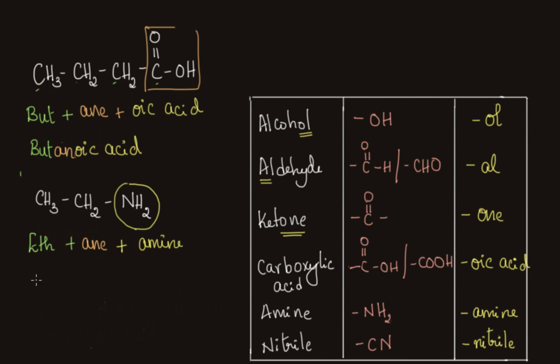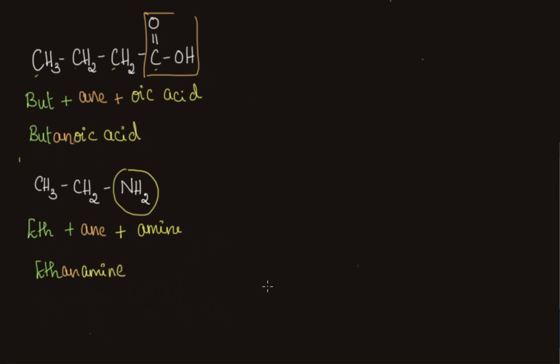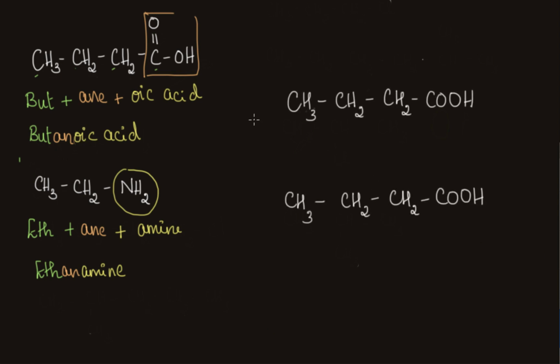Now let's join them. So this becomes eth plus ane will be ethane, and last letter E will be replaced by amine. So this becomes ethanamine.